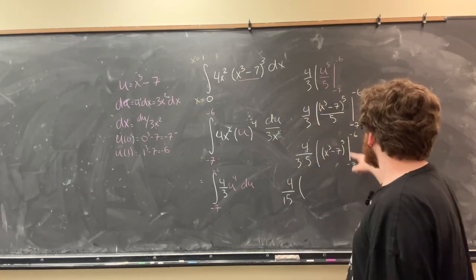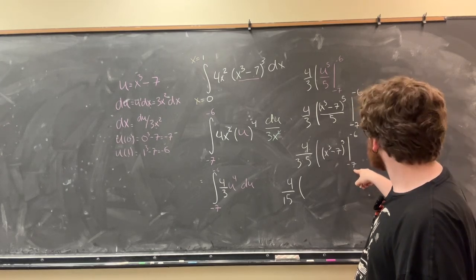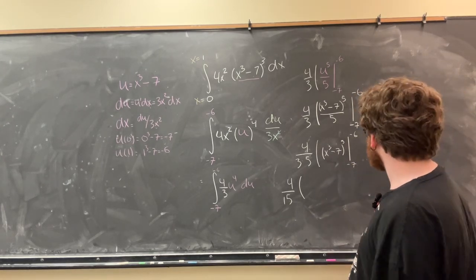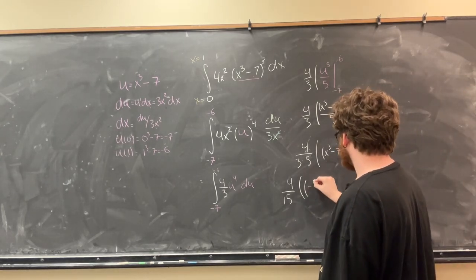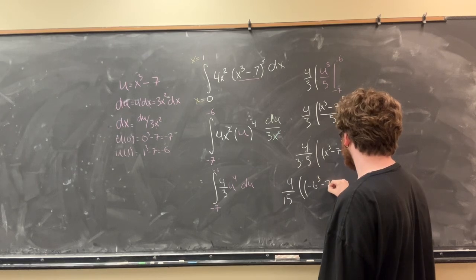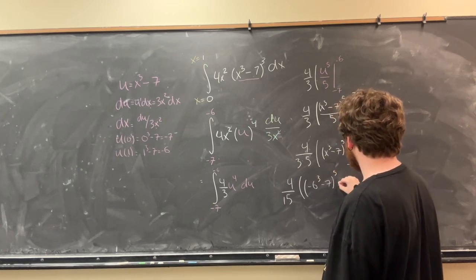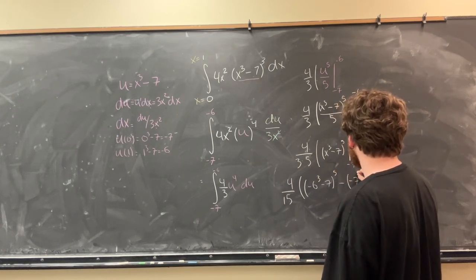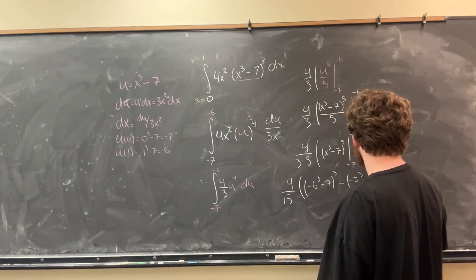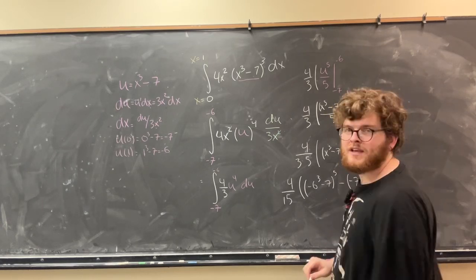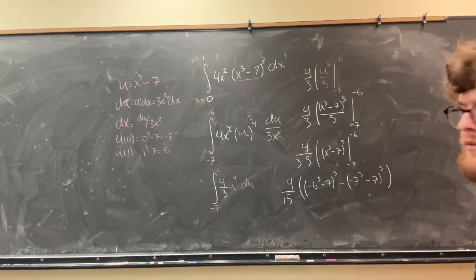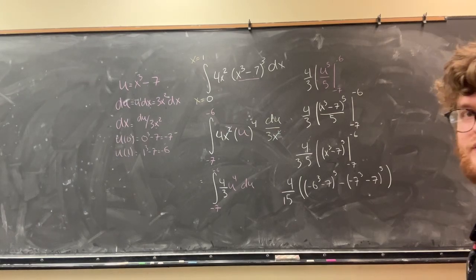And when we evaluate, we plug in negative 6, subtract plugging in negative 7. So it's going to be (negative 6 cubed minus 7) to the 5th minus (negative 7 cubed minus 7) to the 5th. I'm not going to evaluate that out, but that gives you your final answer.